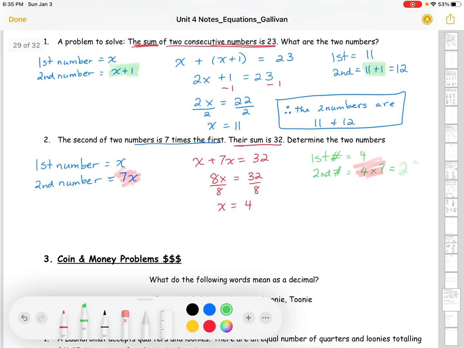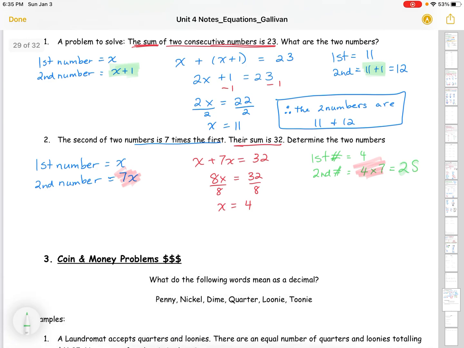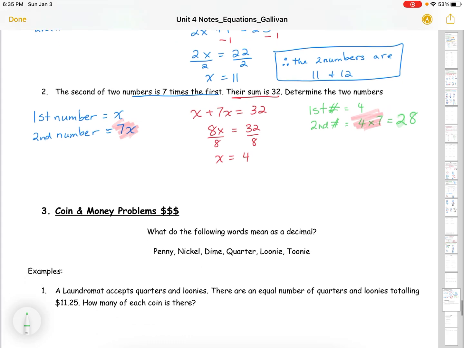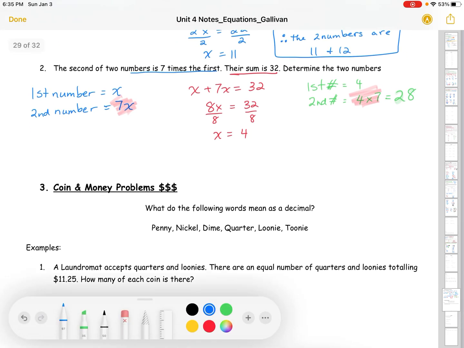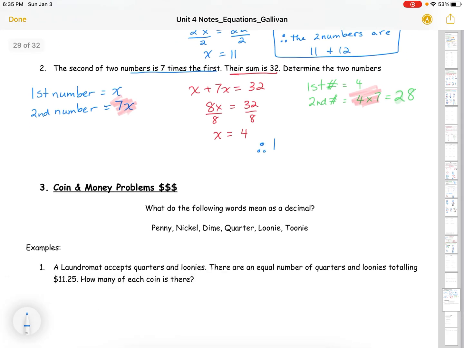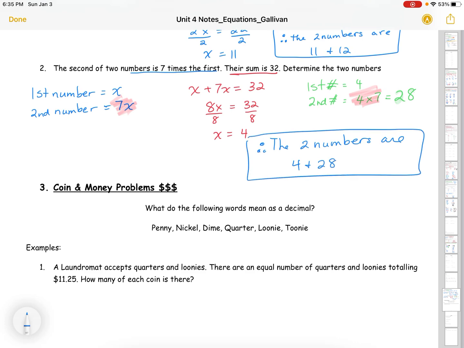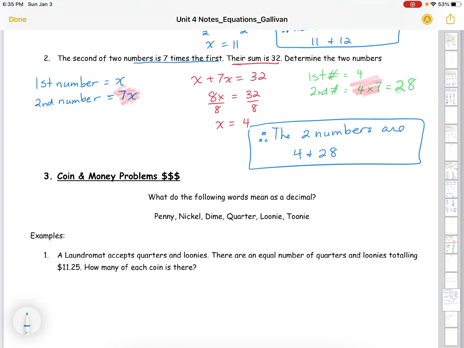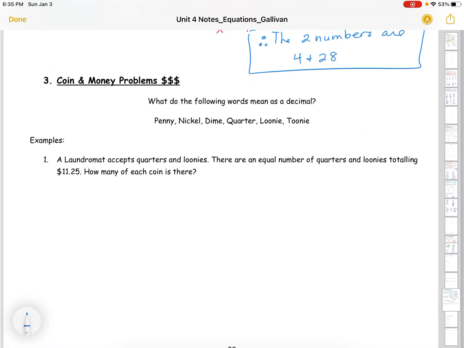So 4 times 7 is 28. Alrighty. So therefore, the two numbers are 4 and 28. And you can check that. 4 plus 28, does it equal 32? Why, yes, it does.